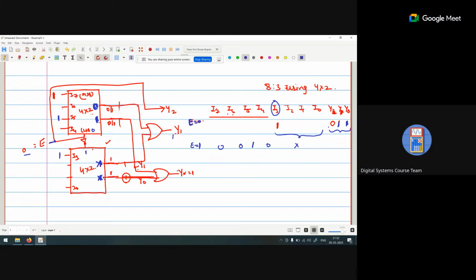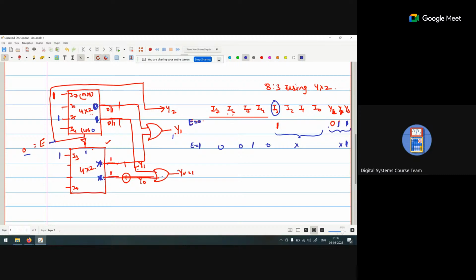Now if 1 is ORed with the don't care condition, Y0 is 1. If 0 is ORed with the don't care condition, we can't say what the output is. So we are assuming that this is the don't care condition.